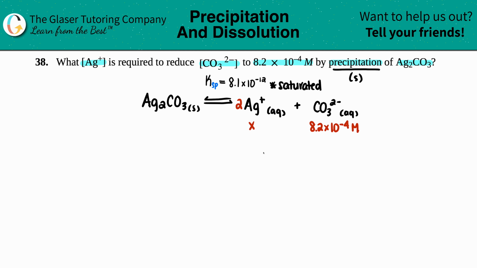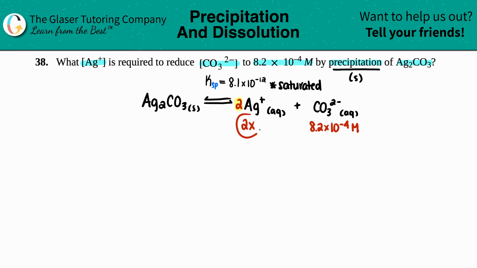Now there's two ways of doing this problem from here on out. I'm going to talk about one way, and then I'm going to do the other way. By the way, both ways you'll get the same exact answer, so it's just your preference. The first way is to take the 2 into consideration by saying, okay, this is 2x, because normally we do take that ratio, and that's totally fine.